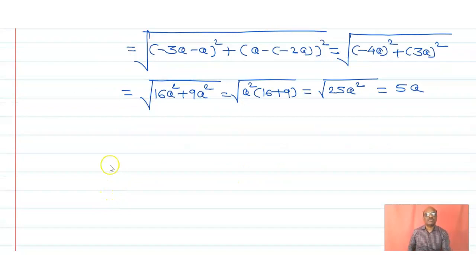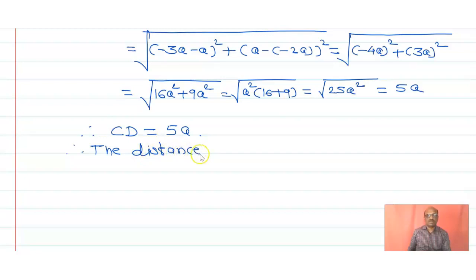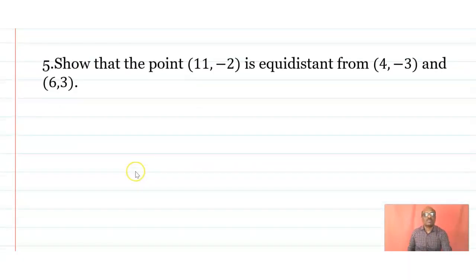Therefore CD is equal to 5a. Therefore the distance CD is equal to 5a.